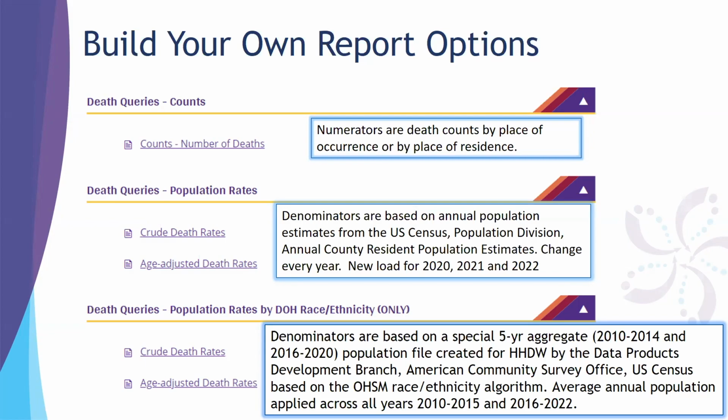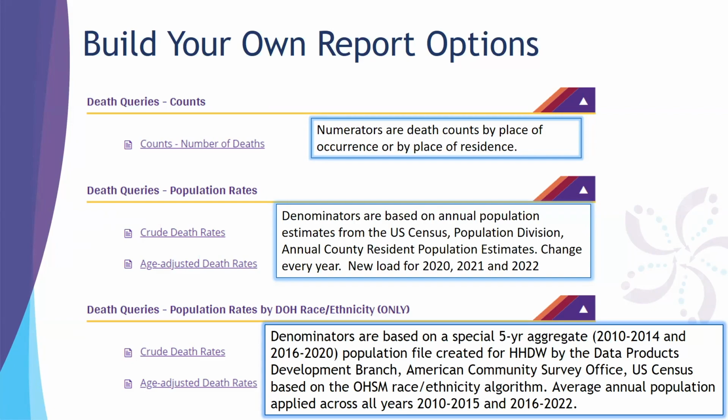The differences in the queries for the population rates and the race ethnicity are the denominators. The population rates uses an annual estimates from the census for age and sex of the population. And this is the query to use if you want to know the rate by sex, by age group, or by county.